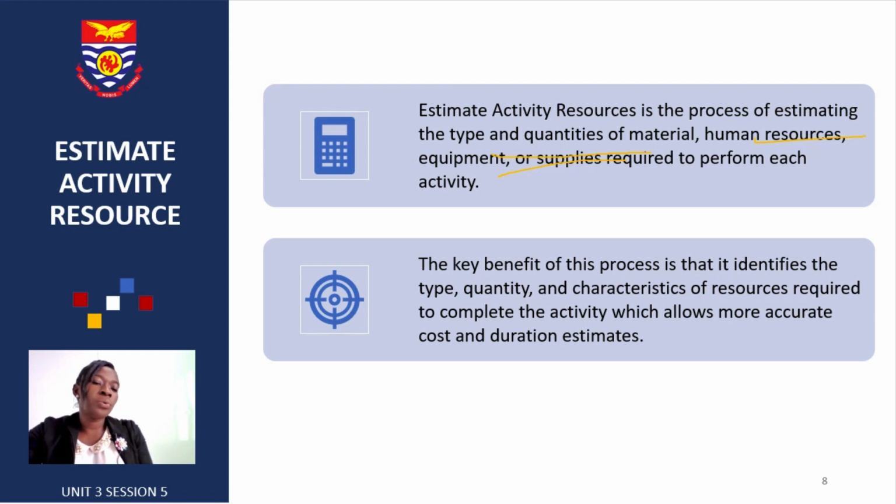And so we need to look out for the resources we need, the various types and quantities we need, whether it is material, whether it's human resource or labor, whether it is equipment, whether it is supplies. We looked at all these resources in our earlier units, and so these are very key for us to be able to estimate each activity's resources.